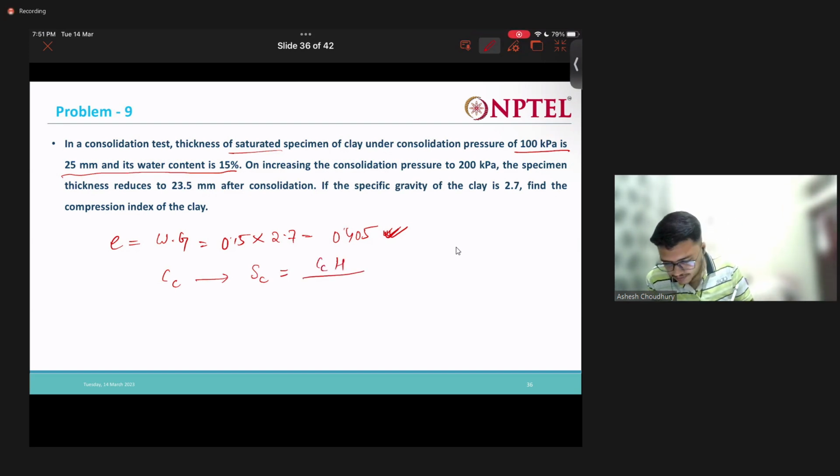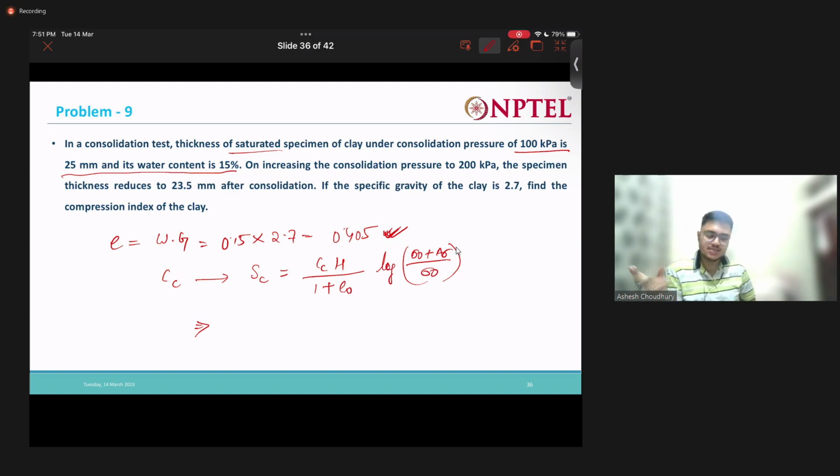Nothing but 1 plus e naught log sigma. Now, what is the settlement here? From 25, the thickness changes to 23.5. So how much is the settlement that is occurring? 1.5 mm. So we can put here 1.5 mm.